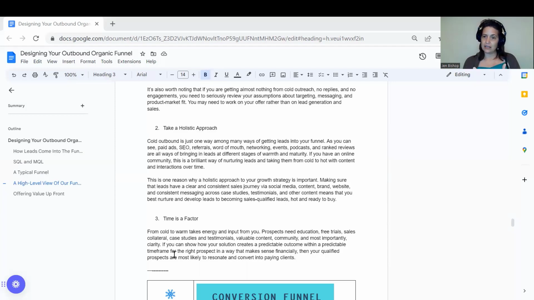If you have an online community, and that could be anything from a Facebook group to a Discord channel to a WhatsApp group to any other kind of online community, this is a brilliant way of nurturing leads and bringing them in cold into something where they can become a hot lead, because you can have lots of content, you can share lots of interactions with them, they can get to know you, and they can begin to learn about the value of your offer.